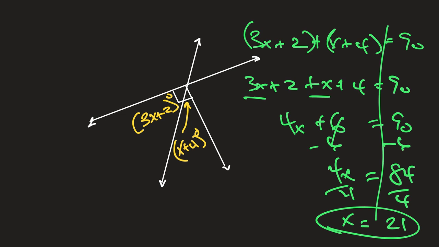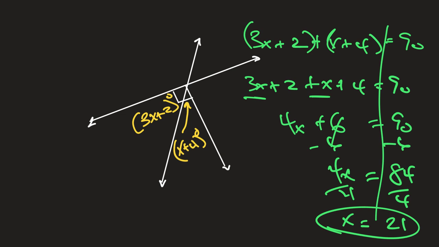Now, notice what 21 is equal to. 21 is equal to x. Are either one of these angles represented by just x or not? Okay? So again, good example here of going, okay, what do you want me to find? If you want me to find x, I got you. X equals 21.